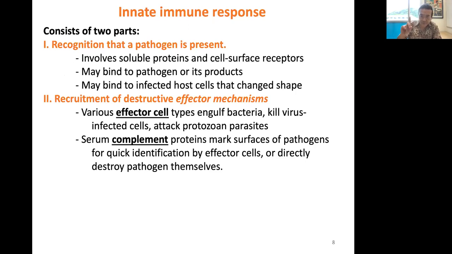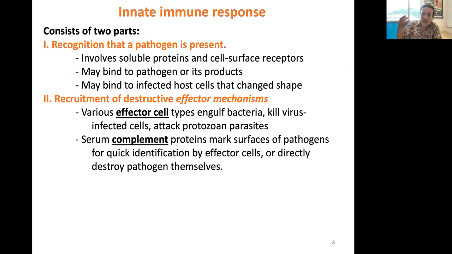Number one is it needs to be able to recognize that a pathogen is even present. So as I said before, this quick general recognition involves soluble proteins. In other words, proteins that dissolve in water easily so that they are floating around in your blood or other fluids in your body.